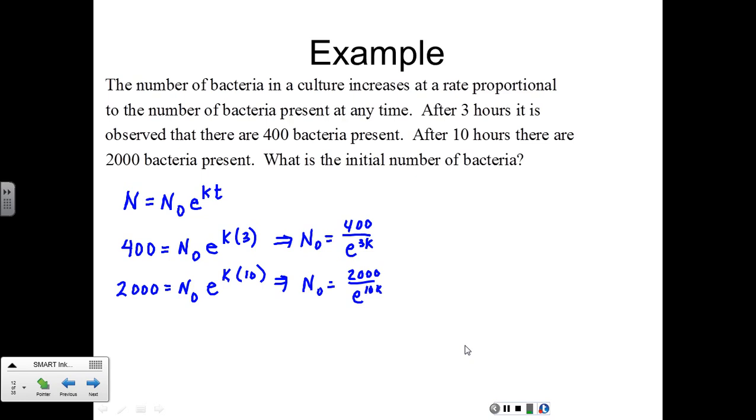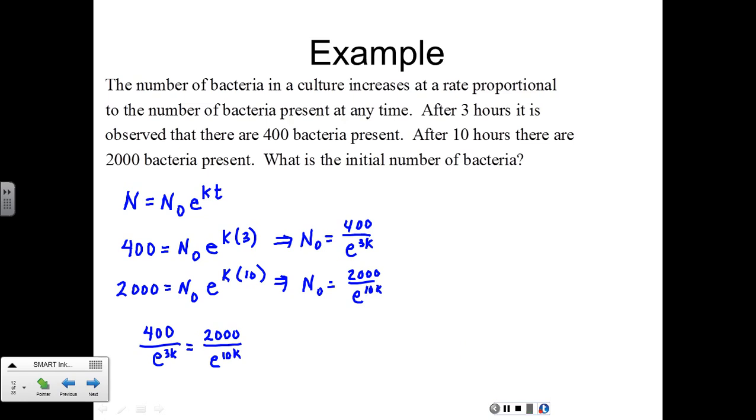But what do we know about that? Set them equal to each other because your initial amount is the same for both scenarios, right? N sub 0 is exactly the same for both scenarios. So here we got 400 over e to the 3k equal to 2,000 over e to the 10k, which I can cross multiply and give myself an equation.